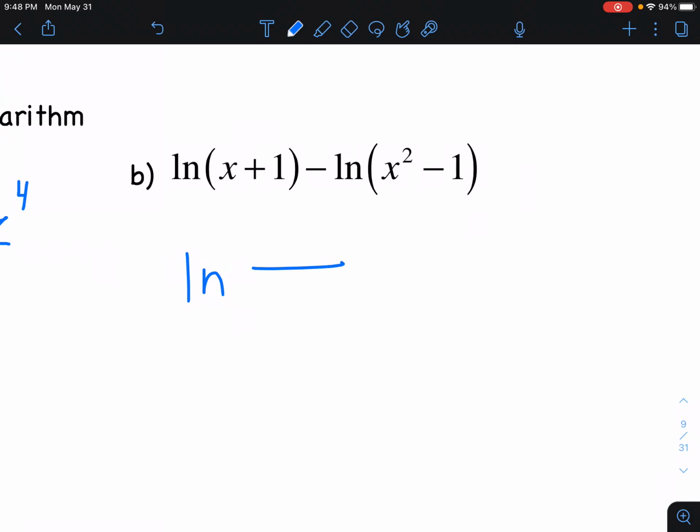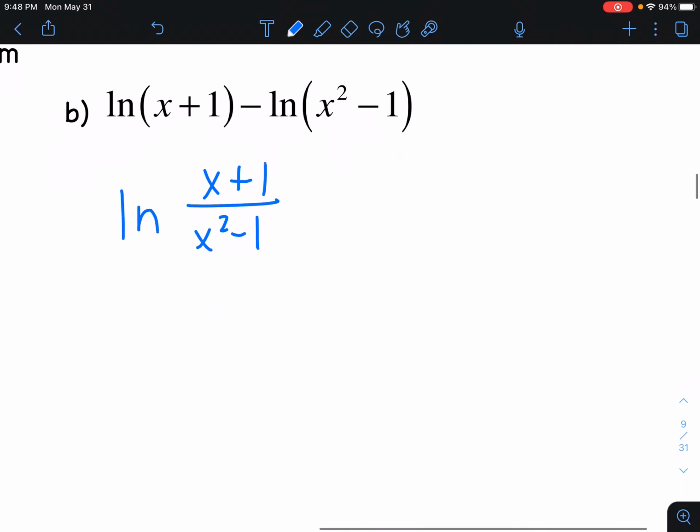The first natural log is positive with the x plus 1, so put that in the numerator. The second ln has a minus sign in front, so put that in the denominator. Now, I'll be honest with you, if you stop there, I don't blame you. It's hard to pick up on what happens next.